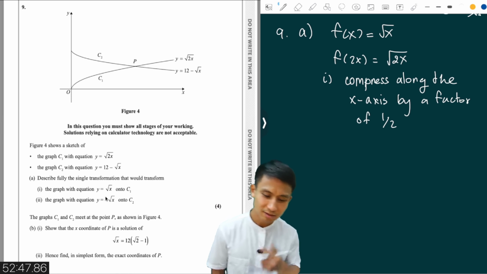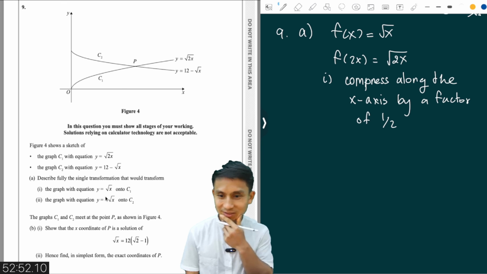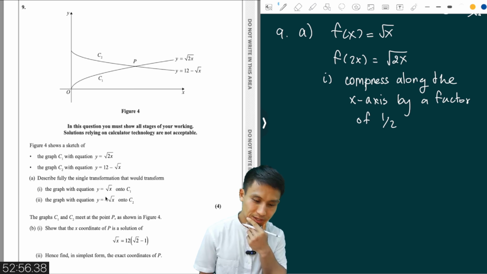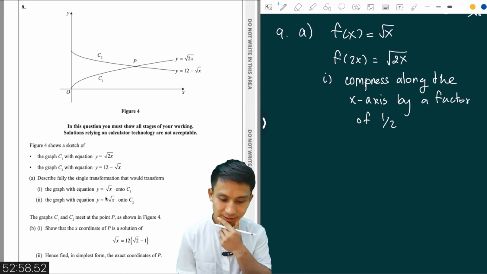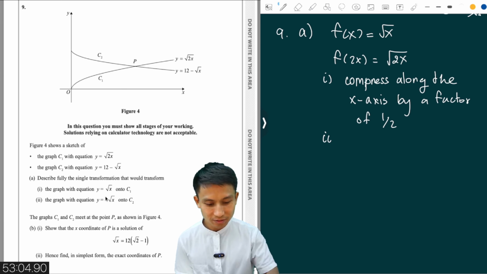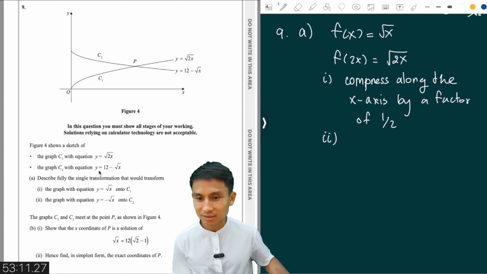Should I say that? If we say stretch, it doesn't make sense to say stretch. It's like it's half there. I think that's fine. It's like shrinking down. Okay. So part ii, the graph with equation y equals minus root x to C2.